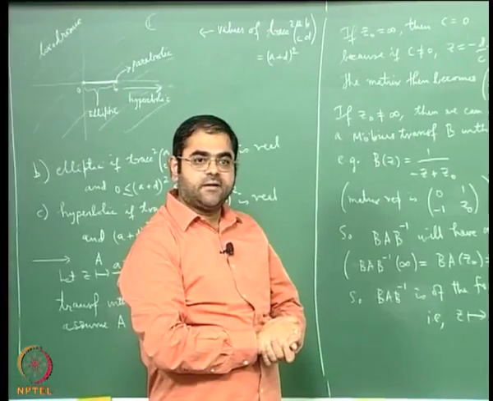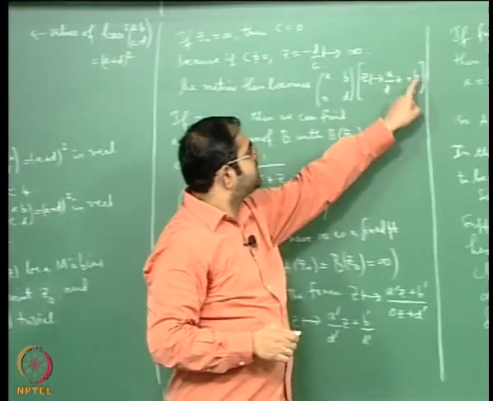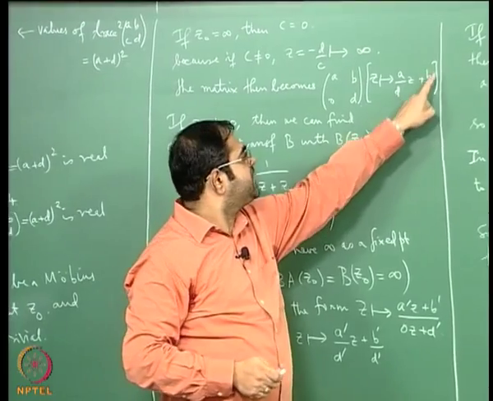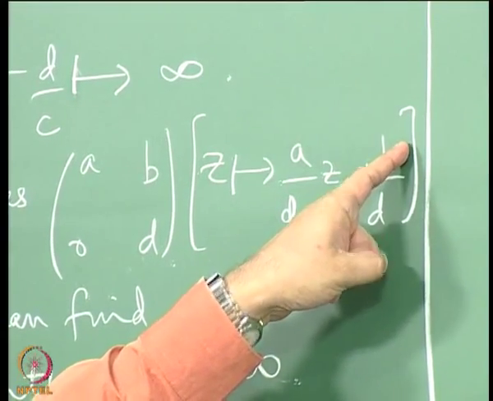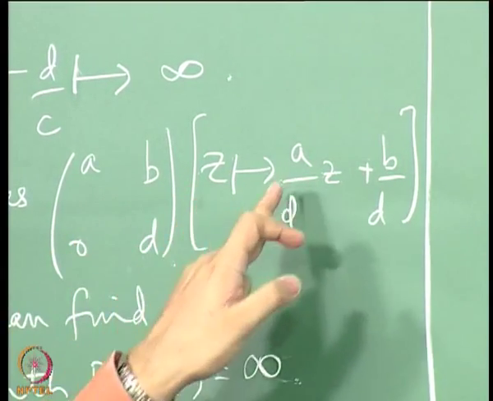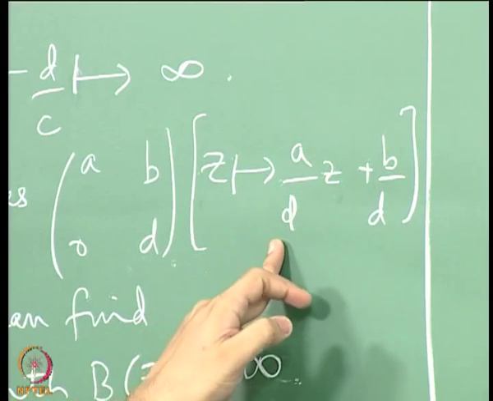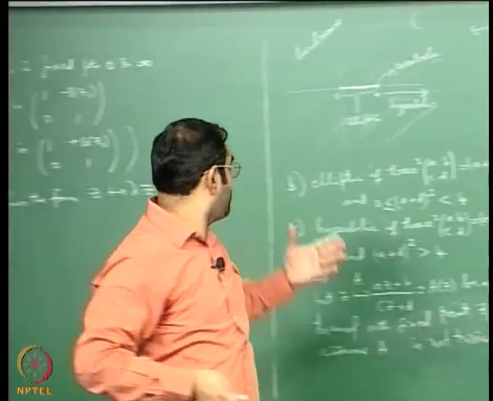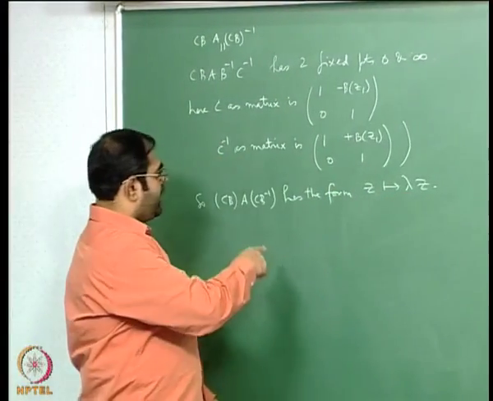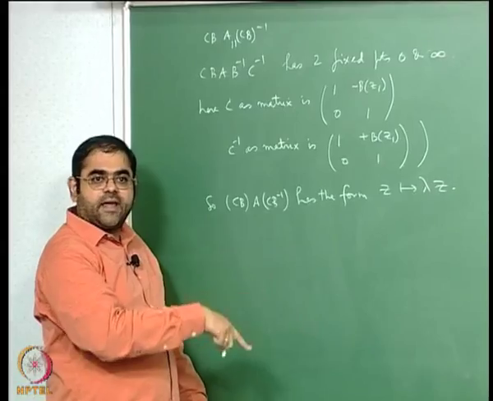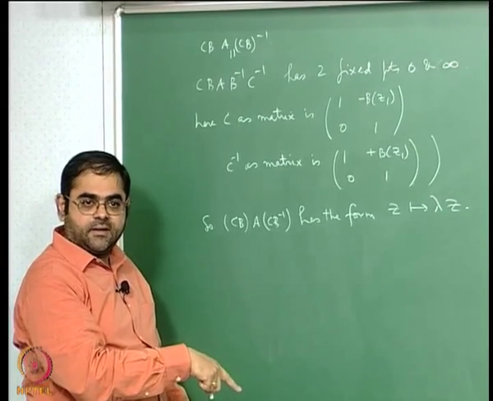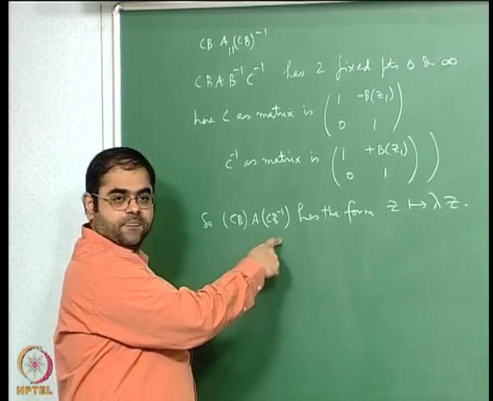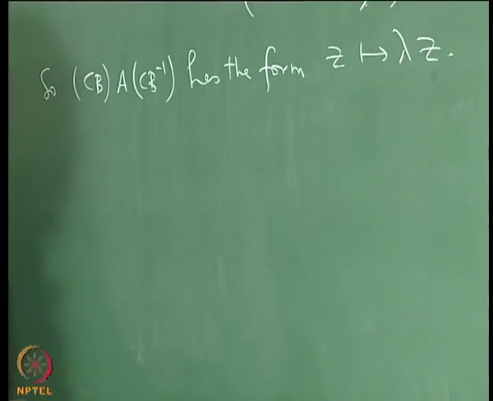And now if 0 is also a fixed point, this constant term cannot be there because 0 has to go to 0, that means B has to be 0. Then it is just Z times some complex number, which I am calling lambda. So the moral of the story is, you take a Moebius transformation that is not parabolic, then you can always do a conjugation and bring it to this form.